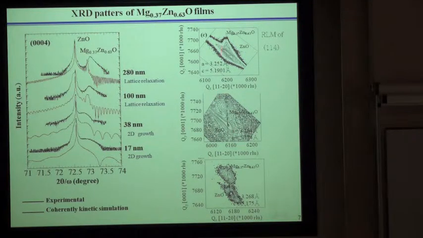Here is the reciprocal lattice mapping pattern, so you can observe the pattern from the zinc oxide single crystal and the films like this. So it is locked in the in-plane characters like this. And up to several tens of nanometers, we can get the coherent growth.